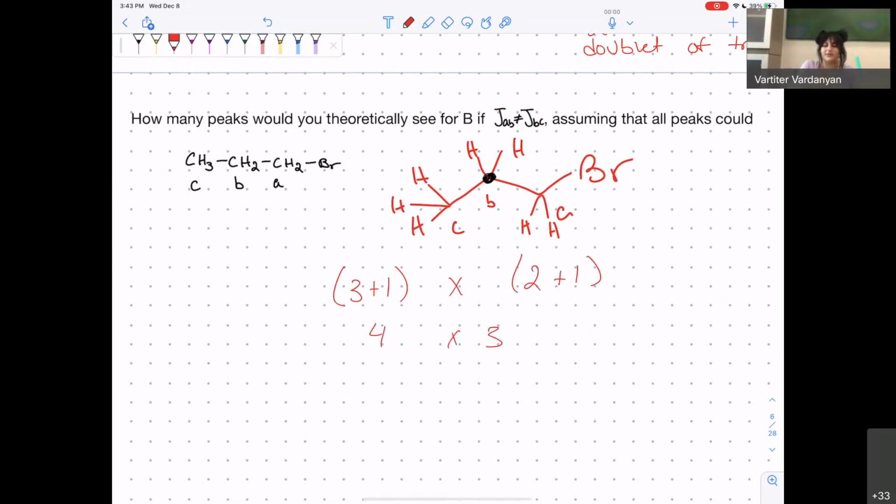So you get 4 times 3, which is 12, aka triplet of quartets. I know we went through that super duper fast, but any questions on splitting of any kind?